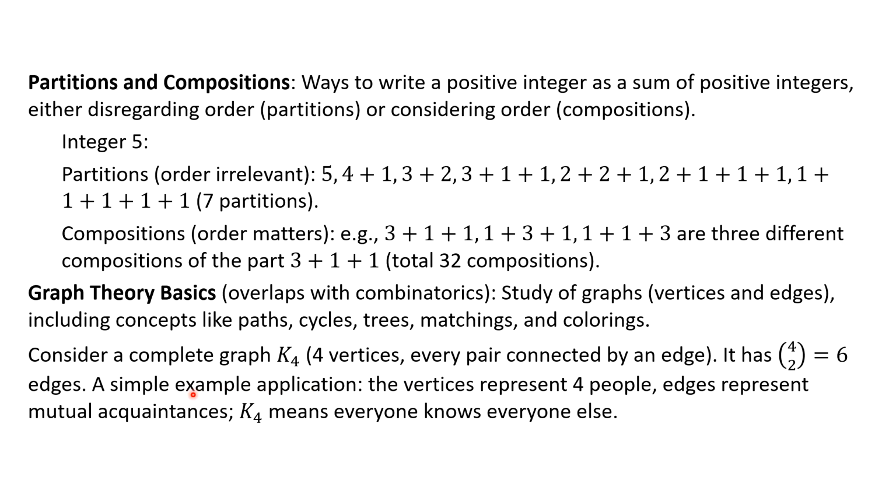And if you apply that to, say, people, if you represent the associations or acquaintances among 4 people, and we say it's a K4 graph, then that means everyone knows everyone else, and so there are 6 different associations in that case.